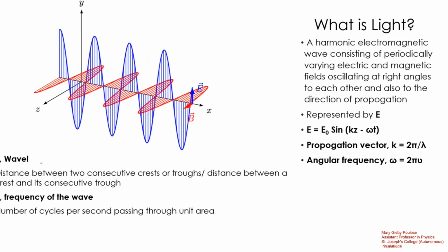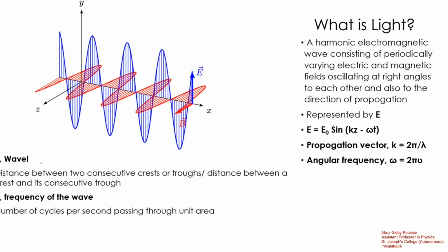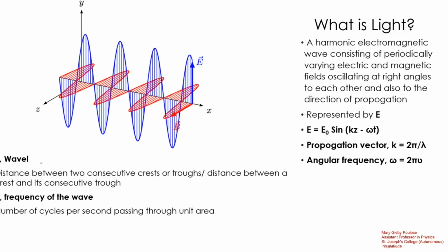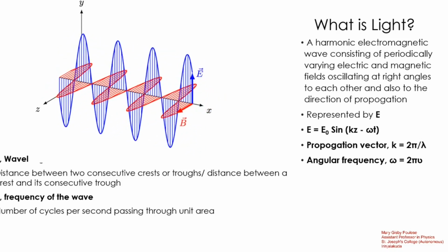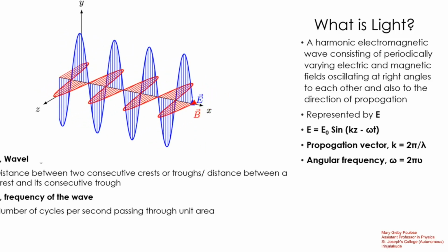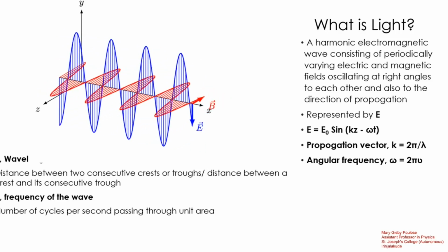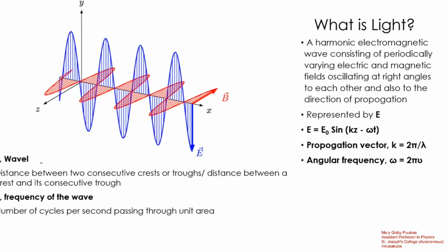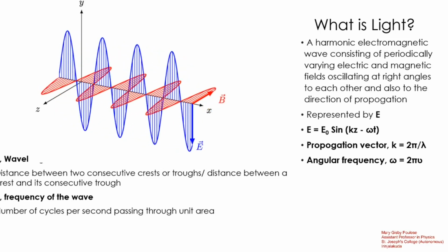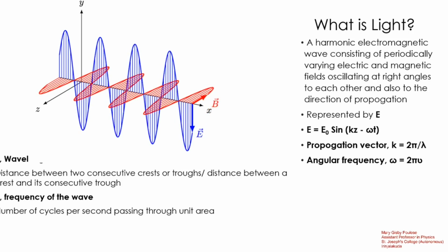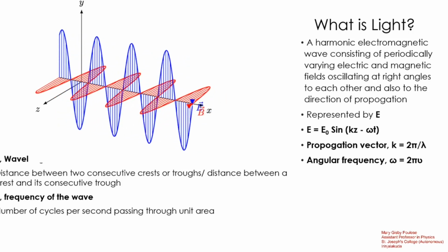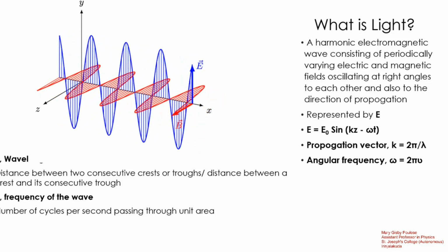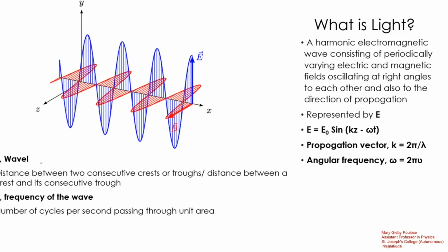Usually we represent light by its electric vector. This is because we have the relation E by B is equal to c, the velocity of light in vacuum. That means the electric vector E is equal to c times the magnetic vector B. So comparing the electric vector and the B vector, we can see that the electric vector is far greater than the magnetic vector. Hence, we represent it using the electric vector E. Mathematically, it is given as an amplitude E0 into a harmonic function sine.